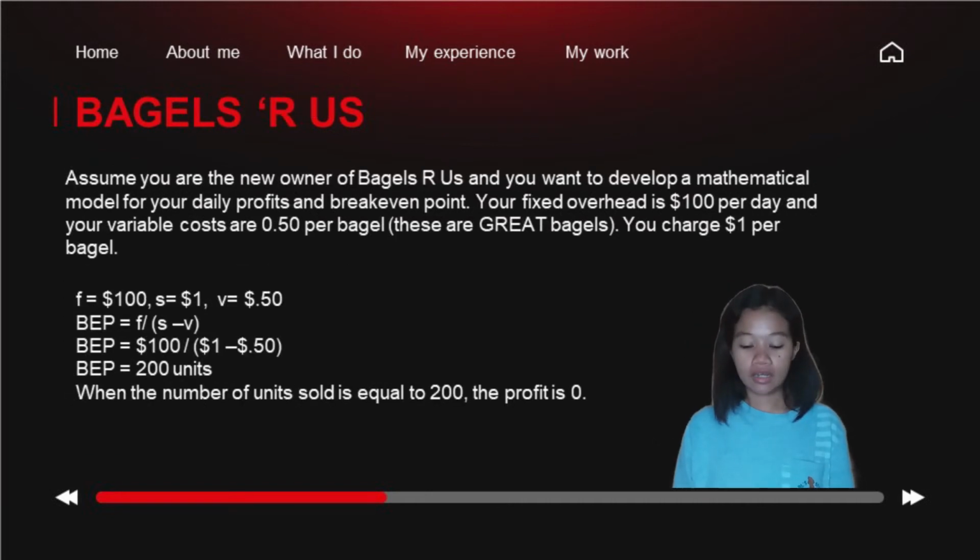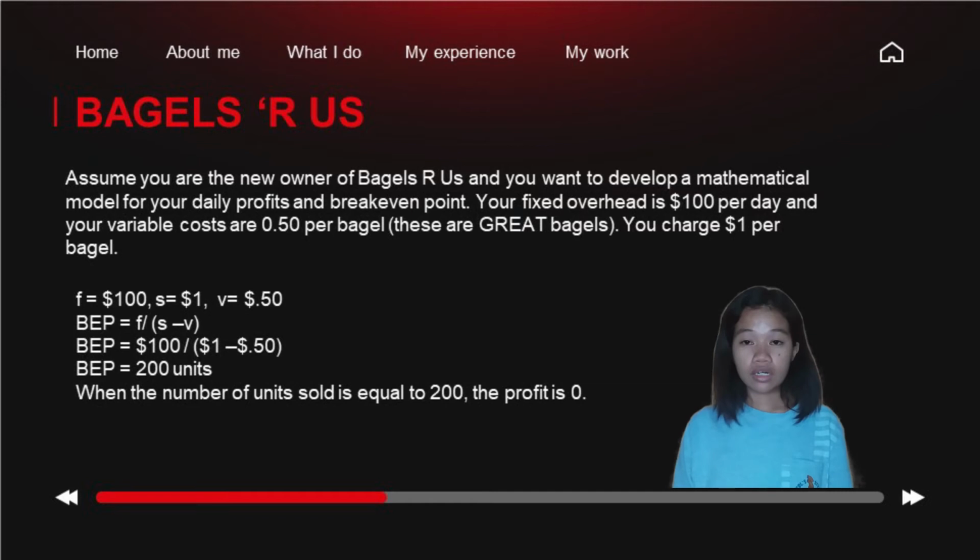So, let's take another example. Bagels R Us. Assume you are the owner of Bagels R Us and you want to develop a mathematical model for your daily profits and break-even point. Your fixed overhead is $100 per day and your variable costs are $0.50 per bagel. You charge $1 per bagel.